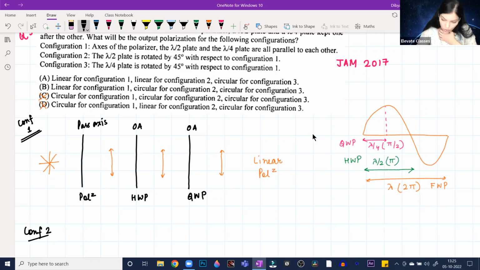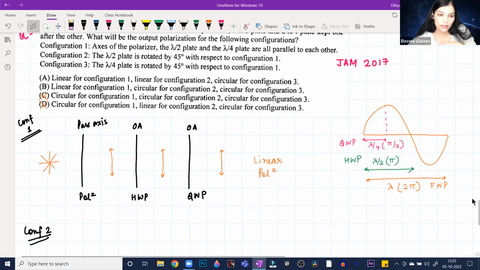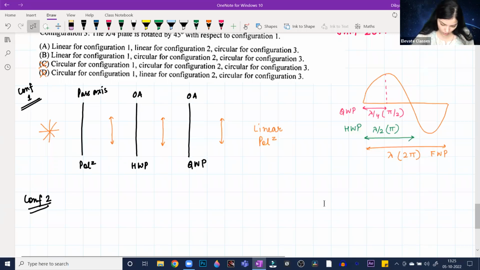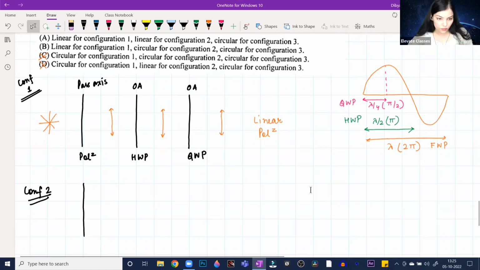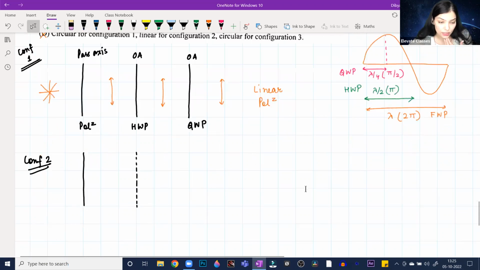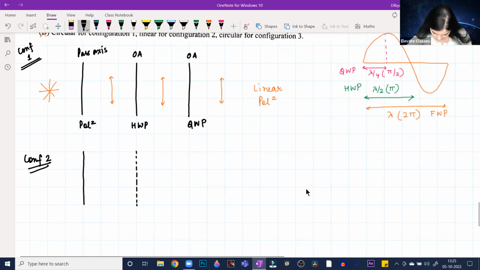configuration number 2. Here they say that the lambda by 2 plate is rotated by 45 degrees with respect to configuration number 1. So I have rotated the lambda by 2 plate. Again, this is my polarizer and this is my half wave plate, which I have rotated by 45 degrees.